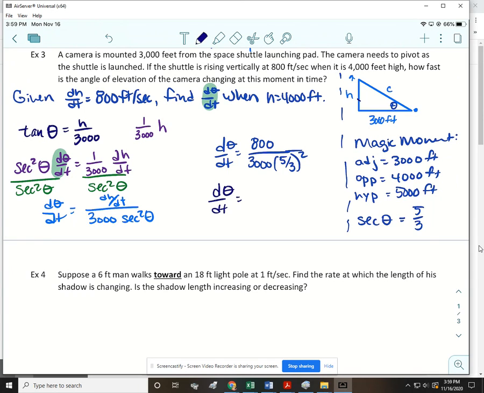So it looks like we're changing at 12 over 125 radians per second, or 0.096 radians per second.